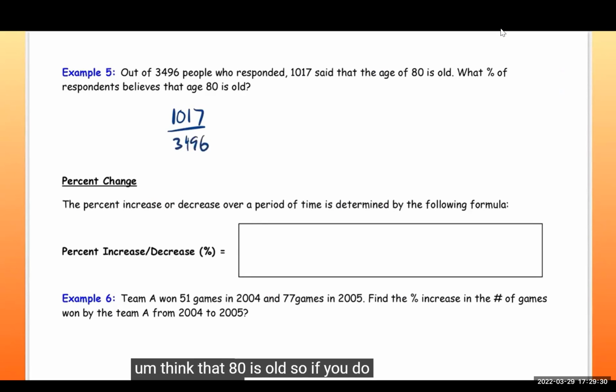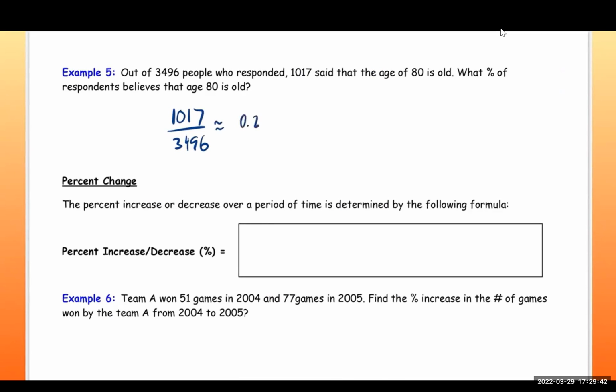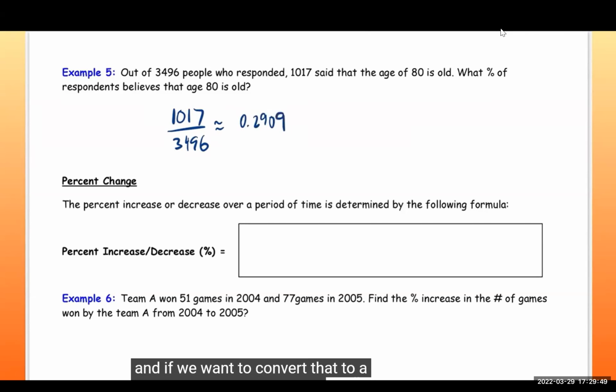So if you convert that to a decimal on your calculators, you will get, we're going to round this because it's a long decimal, so we'll say approximately 0.2909. That's good enough. And if we want to convert that to a percent, you multiply by 100, which is moving the decimal place over 2 spaces to the right, gives us 29.09. And don't forget to add the percent sign.